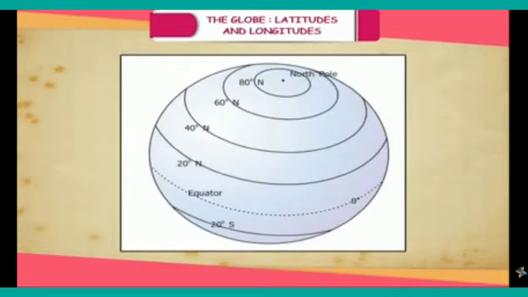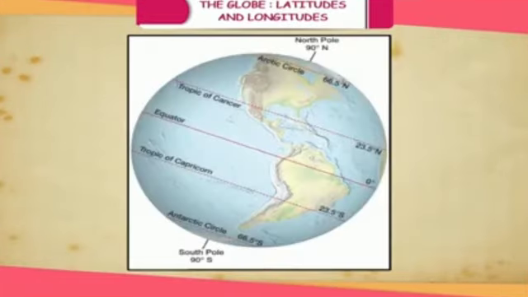The equator represents the 0 degree latitude, since the distance from the equator to either of the poles is 1/4 of a circle round the earth, and it will measure 1/4 of the 360 degrees, or 90 degrees. Thus, the 90 degree north latitude marks the North Pole and the 90 degree south latitude marks the South Pole.